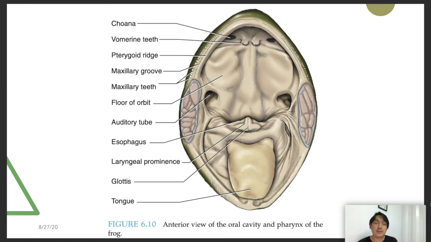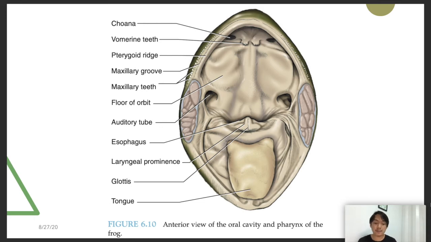When the frog has captured a prey, the floor of the orbit also moves because the eye helps the insect to be pushed down the alimentary canal of the frog. You have the esophagus, where the insect, or the bolus, will pass. We have the laryngeal prominence, the glottis, and the tongue.